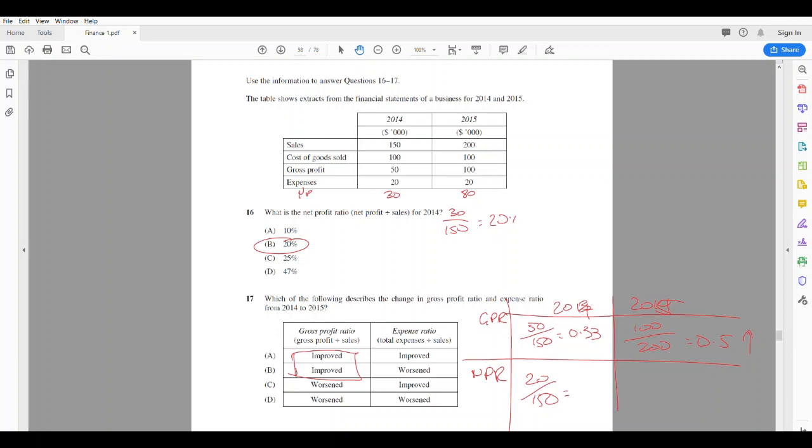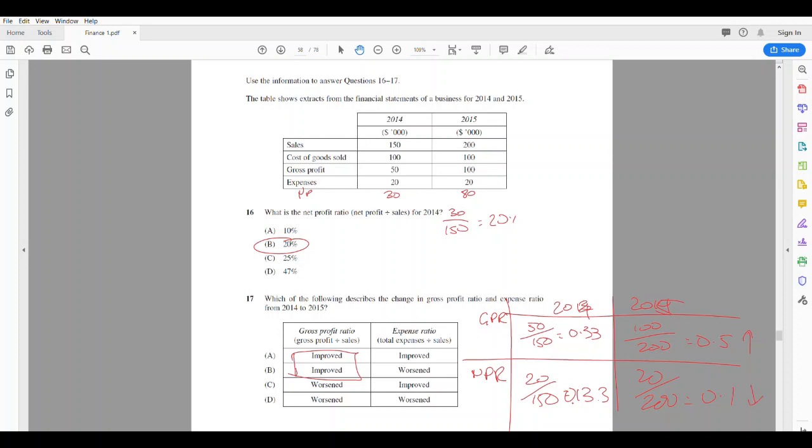That's 13%. 2015, that is 20 over 200, 0.1. So our expenses have decreased.